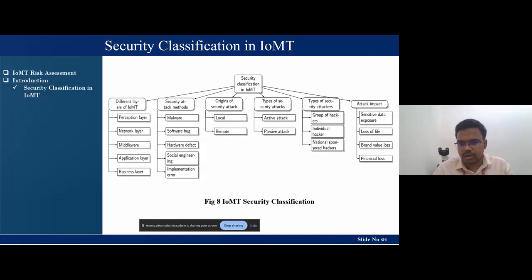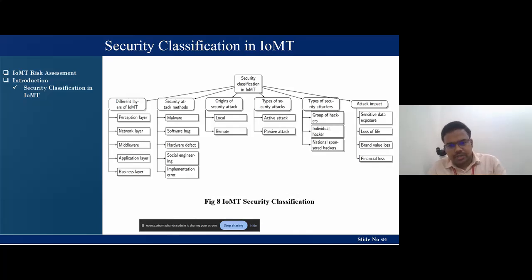Some parameters are recorded manually now. But IoMT is the concept of being connected to the internet. It will be connected to the central server, and you need not take the observation each and every time period. It will be collected continuously. The whole data dashboard will be available for the staff nurse. They can analyze those parameters, and according to that, they can give the treatment and medications.